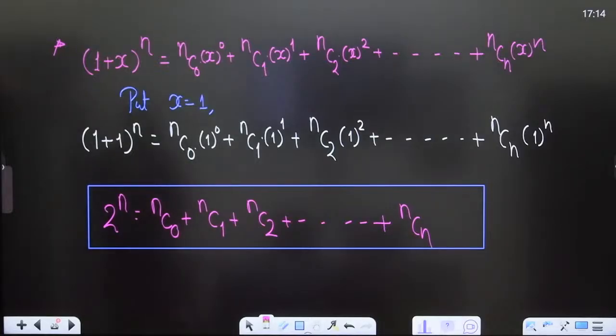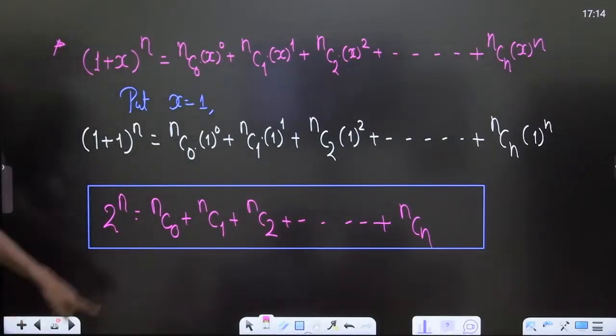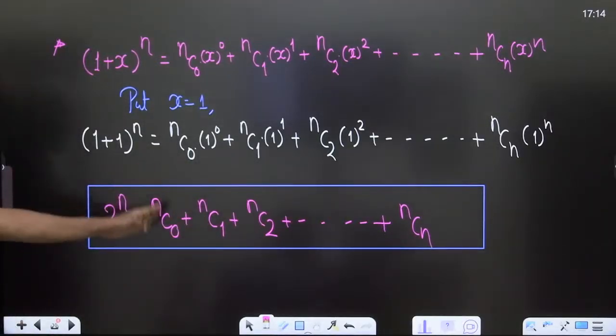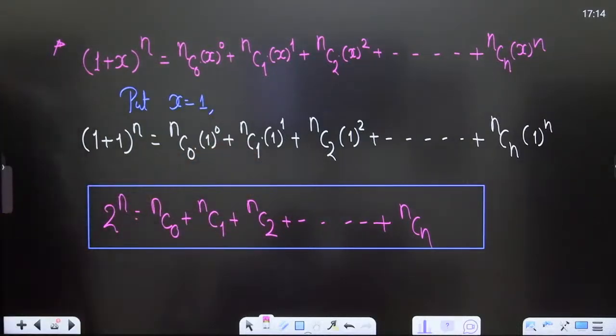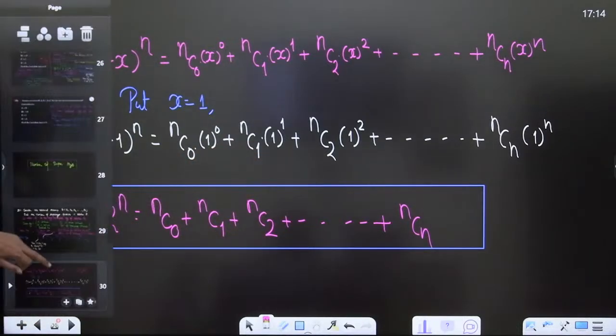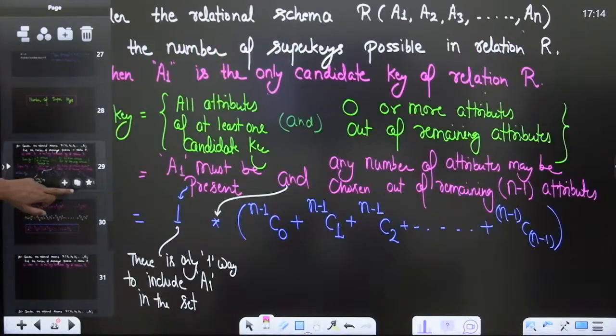Now, if I replace n by n minus 1, it will be (n minus 1)C0 plus (n minus 1)C1 up to (n minus 1)C(n minus 1), and it will become 2 raised to the power n minus 1.